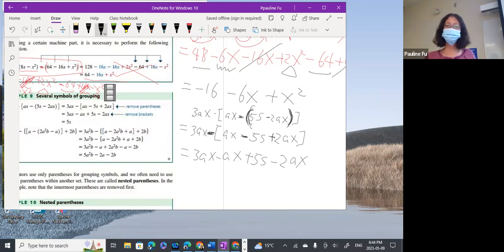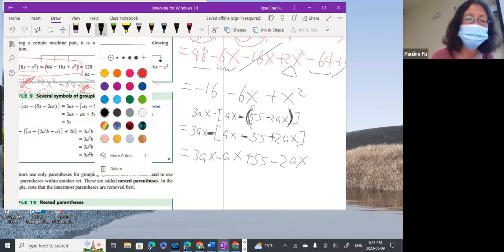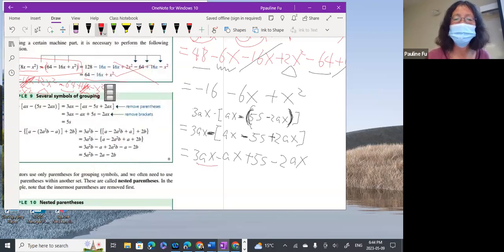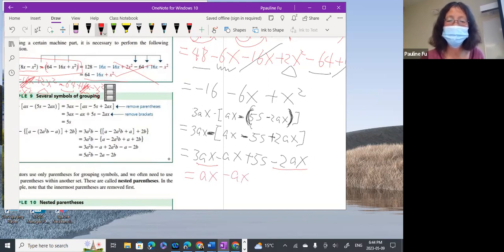Okay. And now you collect like terms. 3ax and negative 2ax are like terms, so it is ax. And then copy down negative ax.